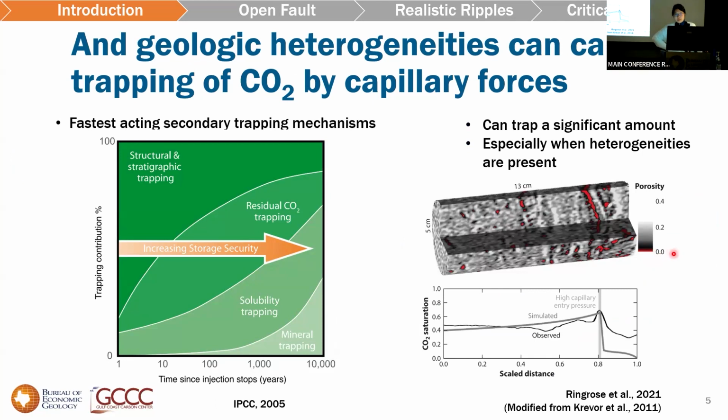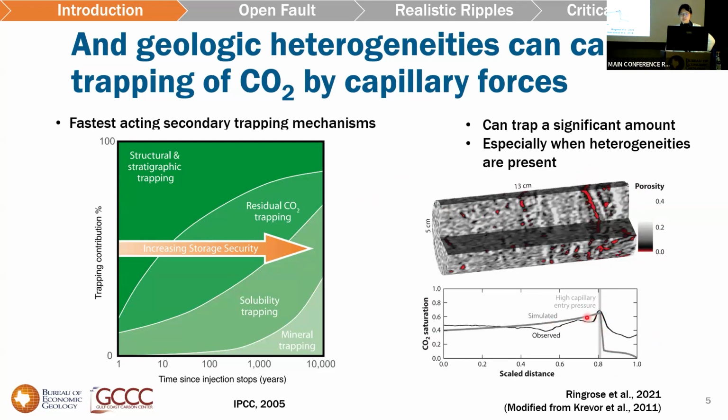And furthermore, these kinds of geologic heterogeneities can cause trapping of CO2 by capillary forces. We call these either residual trapping or capillary trapping or capillary heterogeneity trapping. And these all refer to trapping by capillary forces. But in the sand tank studies, we mainly focus on capillary heterogeneity trapping, or the one that's shown in this core flooding experiment right here, when we have these barriers that can trap the high amount of mobile CO2 behind these capillary barriers.